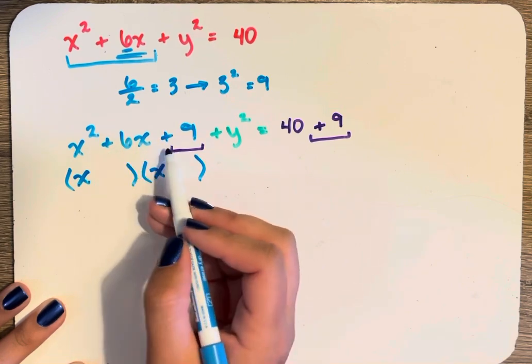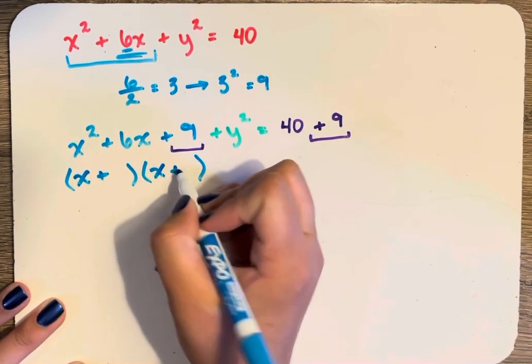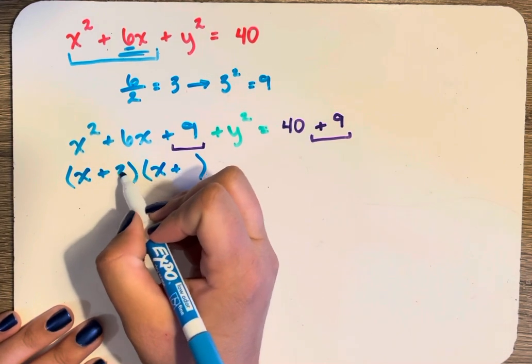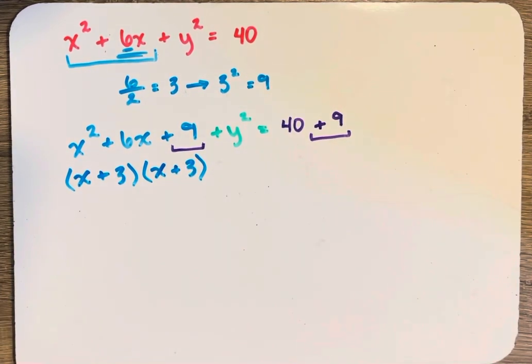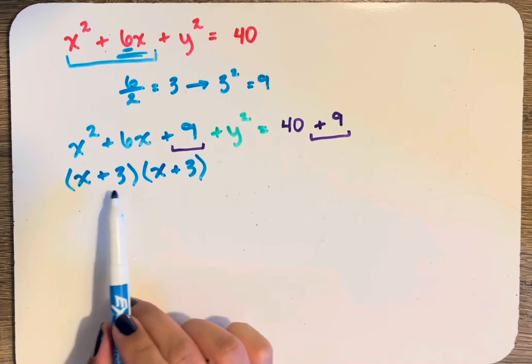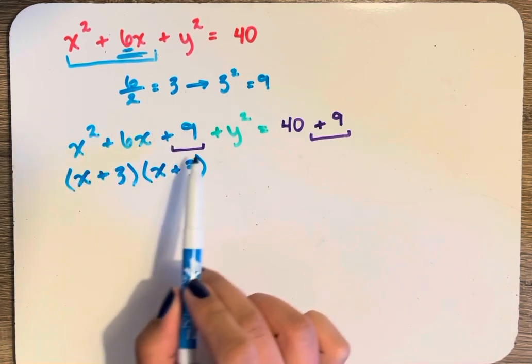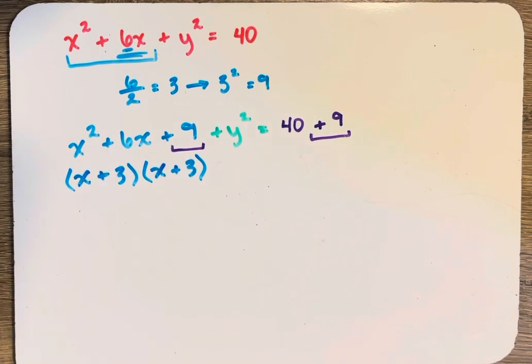Since these are positive, both of these will be positive. Two numbers that would work there are 3 and 3. Okay, so x plus 3 times x plus 3 will give me x squared plus 6x plus 9.